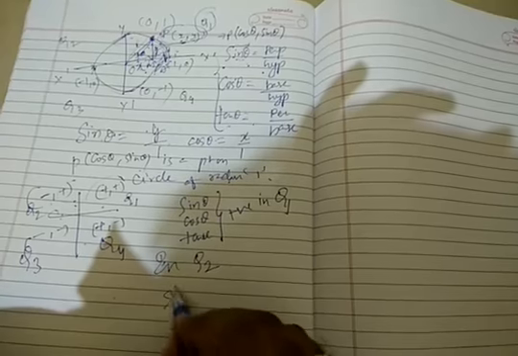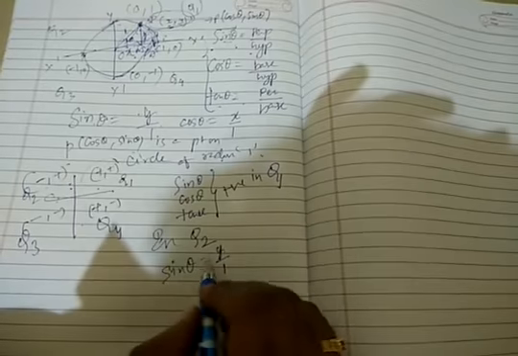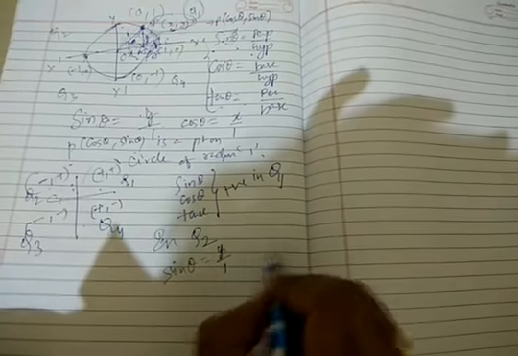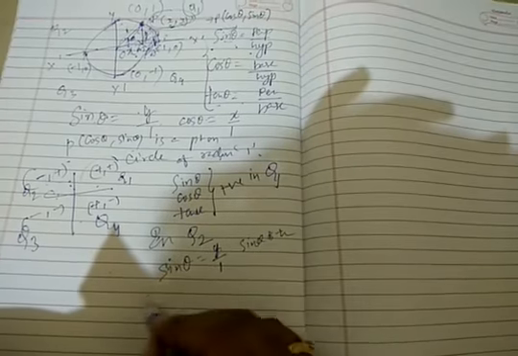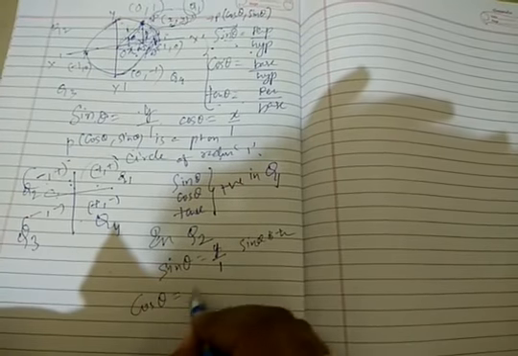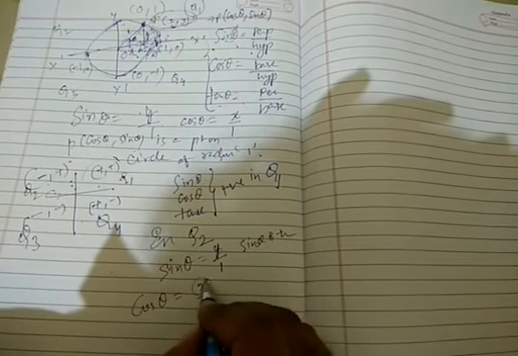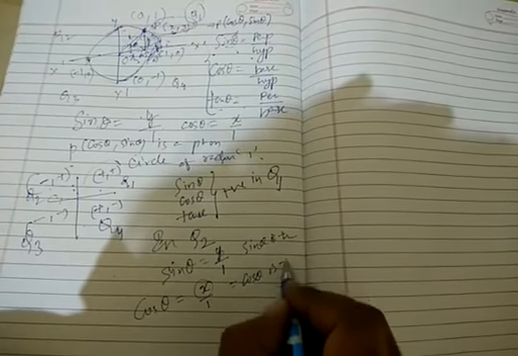Sine theta is y by 1, so sine is positive, but cos is x upon 1, and x is negative, so cos is negative.